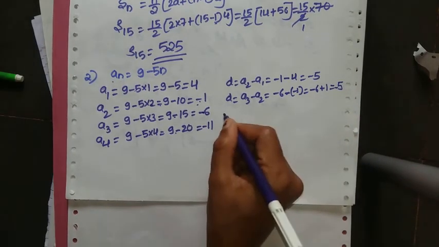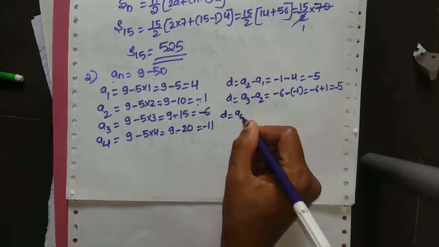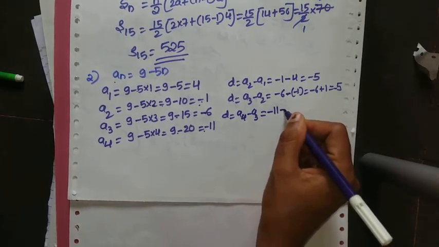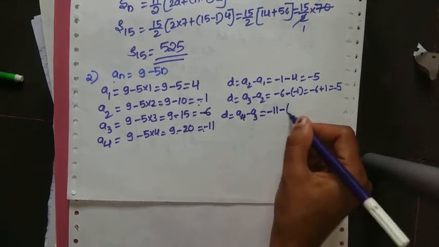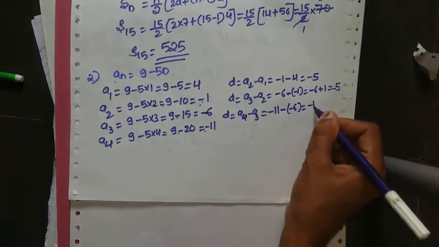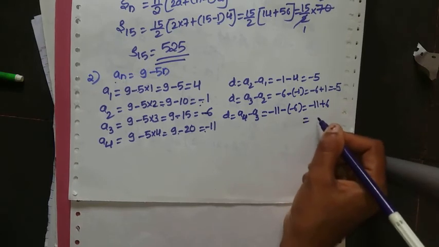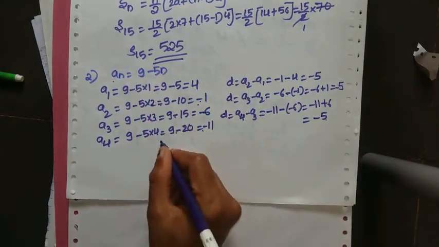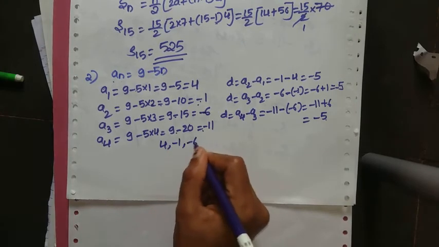Then d equals a4 minus a3, a4 is minus 11 minus a3 which is minus 6, equals minus 11 plus 6, again minus 5. Here d is the same, that's why these are in AP.